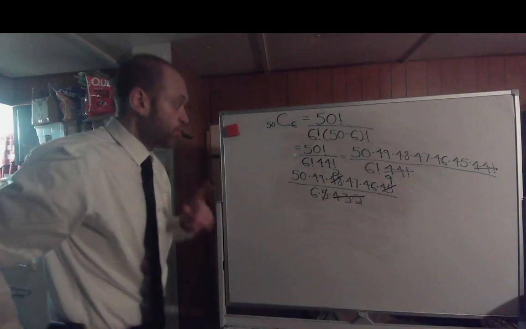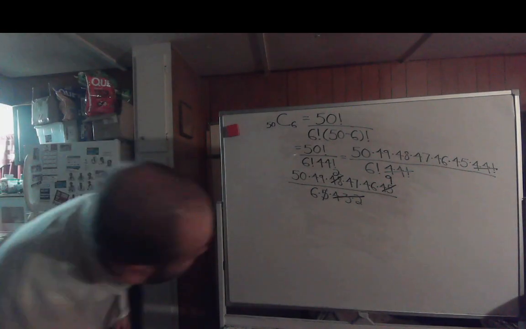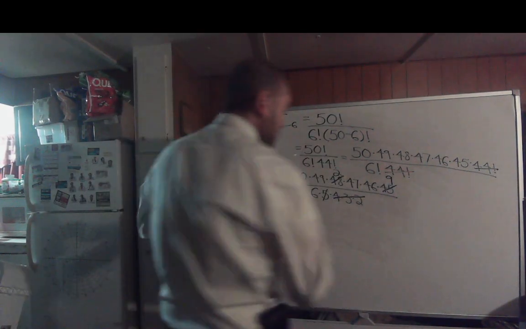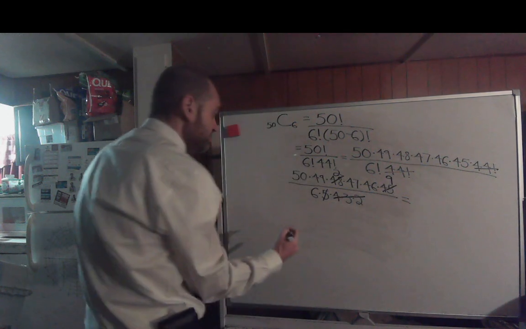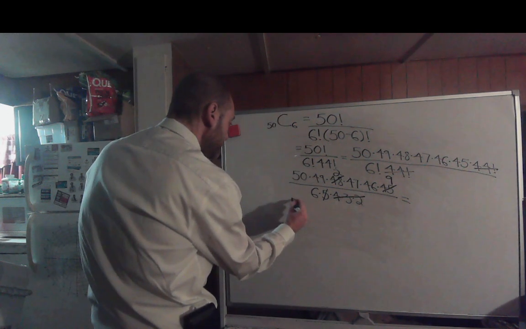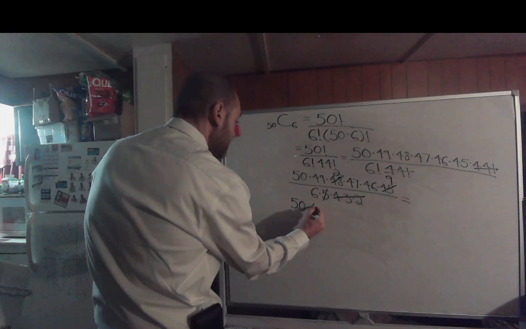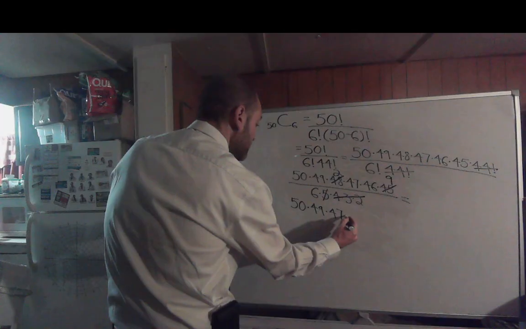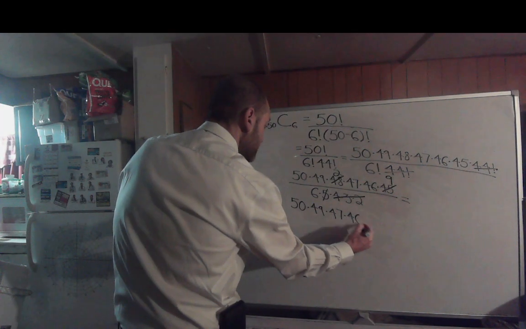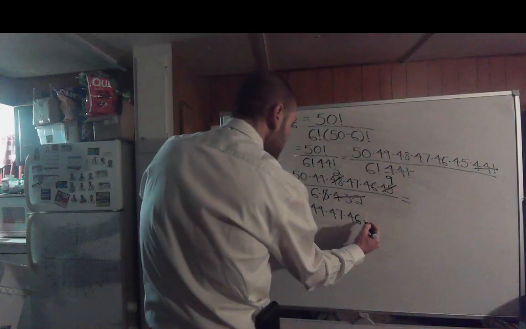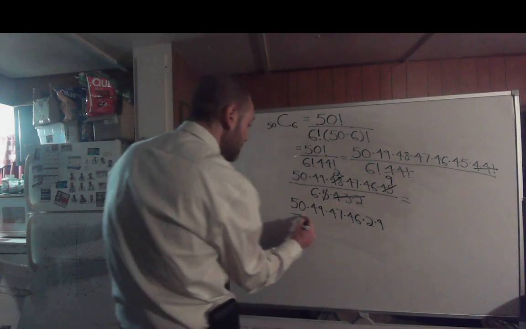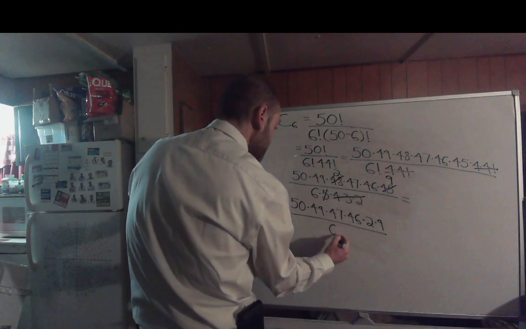Now let's be a bit more creative. So let's see what we got here. Let's go ahead and simplify this a minute. So you'll have 50 times 49 times 47 times 46 times 2 times 9 all over 6.